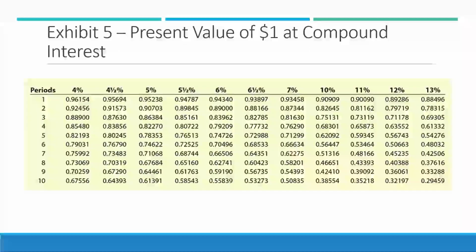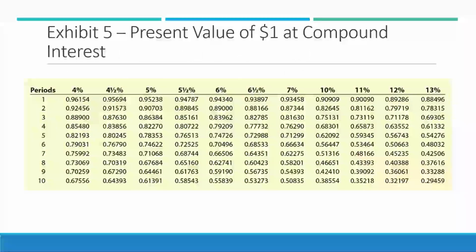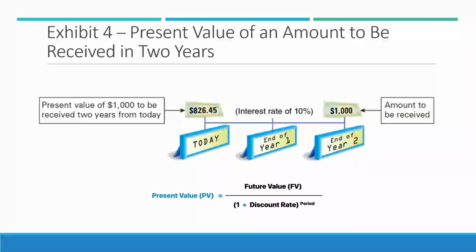And we have this table that shows us the factors calculated for the present value of a single dollar. If we're calculating the present value of $1,000, we multiply the factor given by 1,000. In this case, at 10% and 2 periods, we get 0.82645, and that times 1,000 is equal to $826.45.